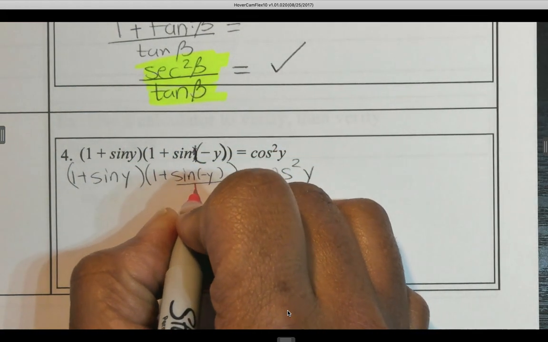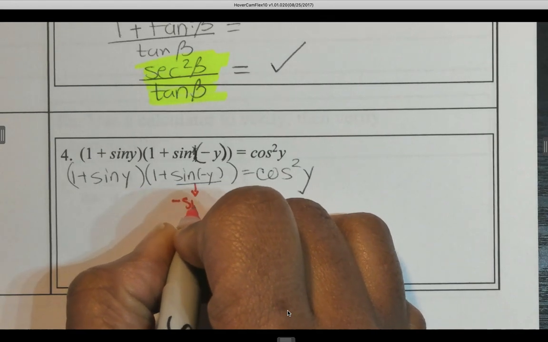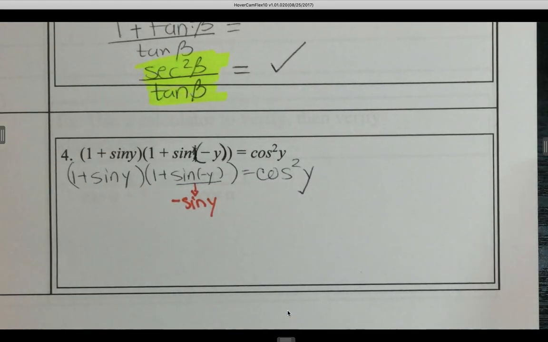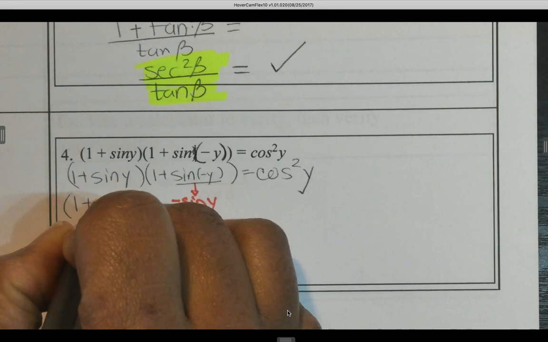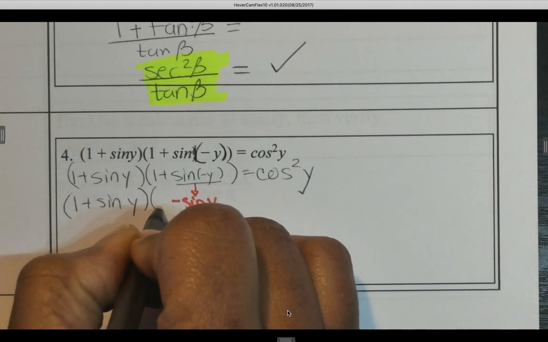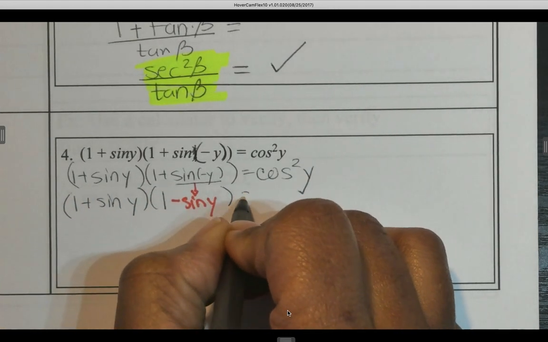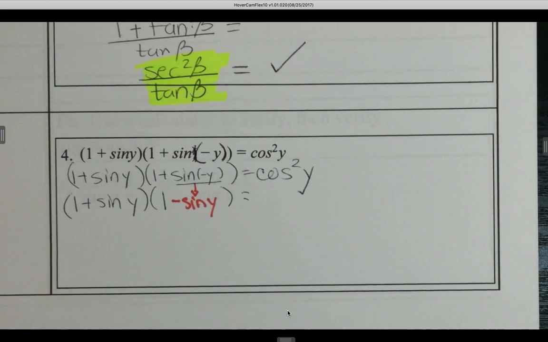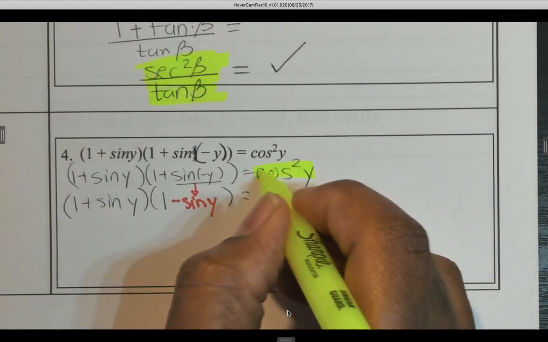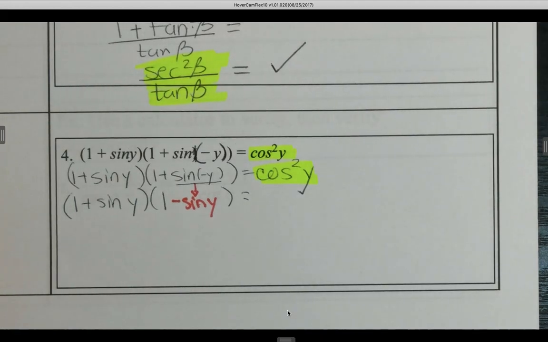So this guy right here is going to be negative sine y. Everything else will stay the same. So 1 plus sine y times 1 now minus sine y. I'm trying to show that it equals cosine squared y.